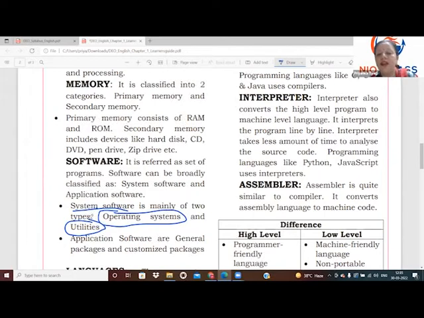Now, utility software. Without giving so much explanation, I will give you an example of utility software. Doesn't matter which device we are using, whether we have a desktop, laptop, tablet, or mobile, in those devices we are using different kinds of operating systems.